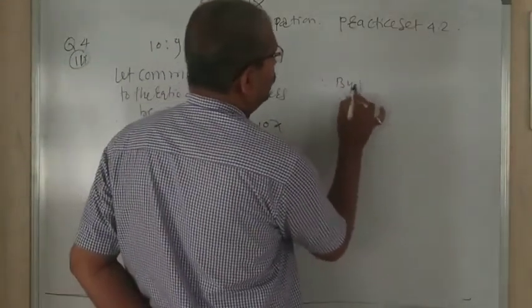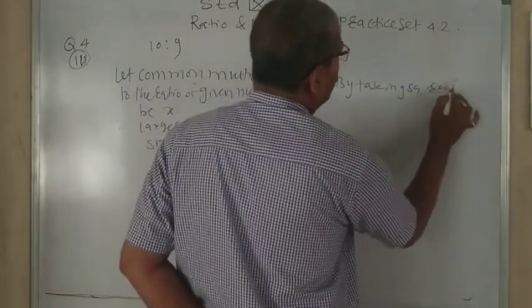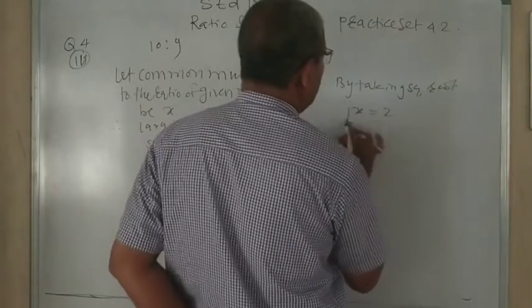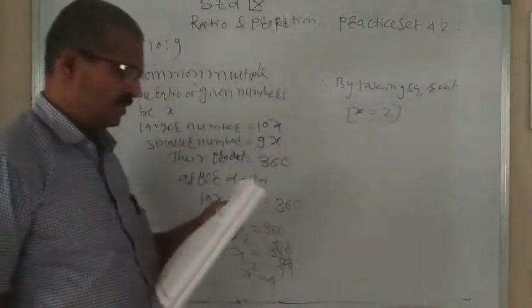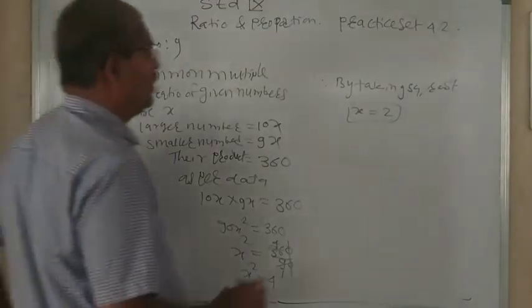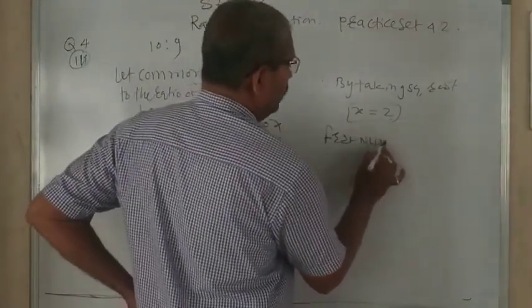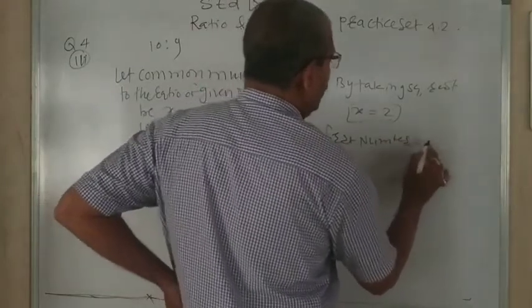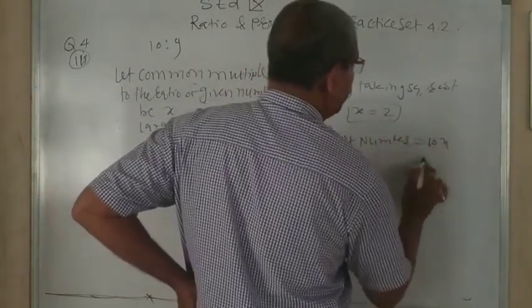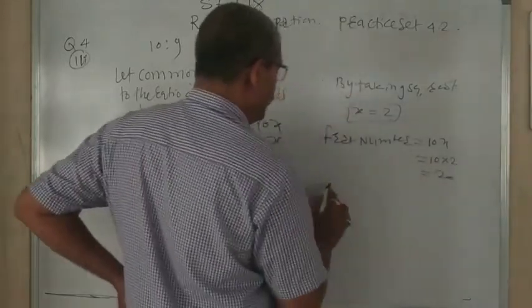Therefore, by taking the square root, x is equal to 2. x is equal to 2. And thus the first number is equal to 10x, which means 10 into 2, 20.